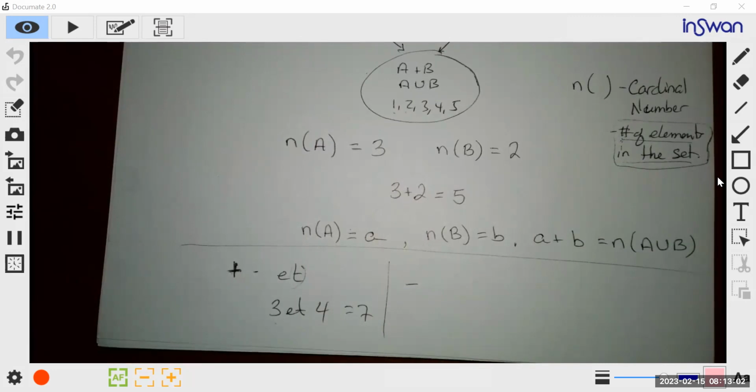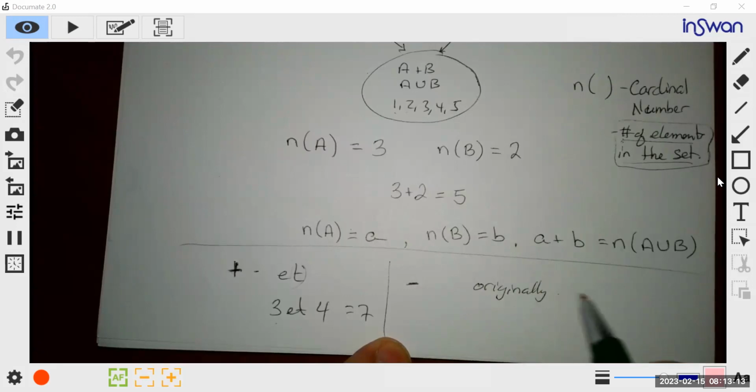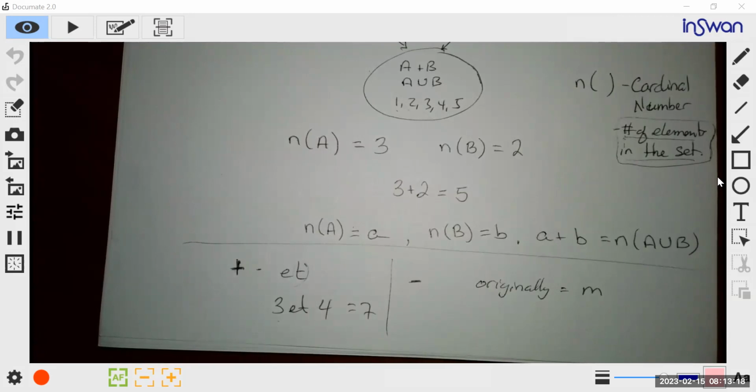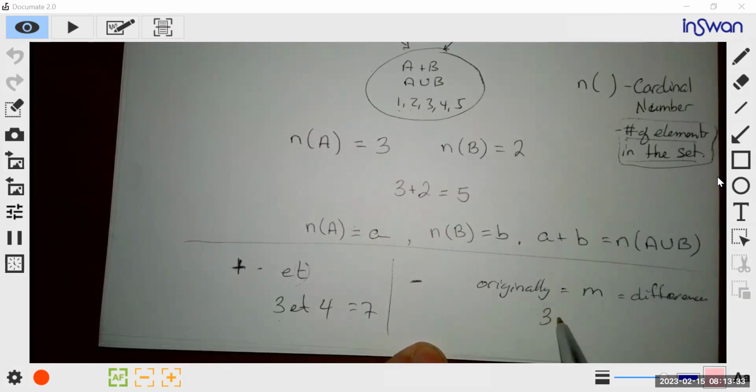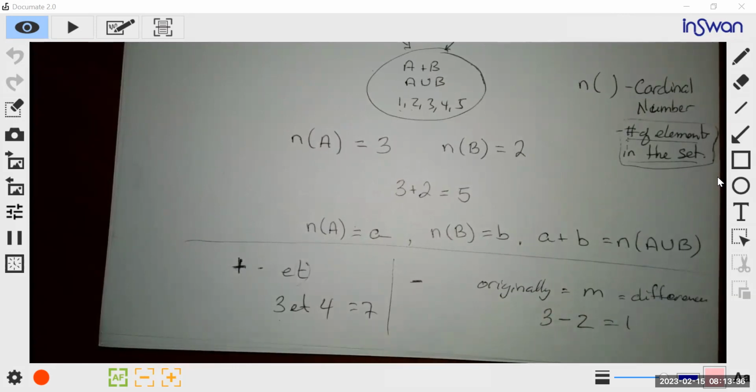And about 20 years later, this symbol had its definition, the subtraction symbol. Originally, it was M, which meant the difference or less than. And how did you find this difference? 3 remove 2 gives you 1. That's a little history lesson.